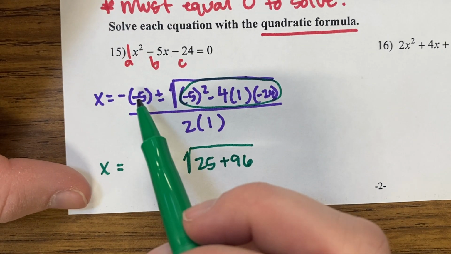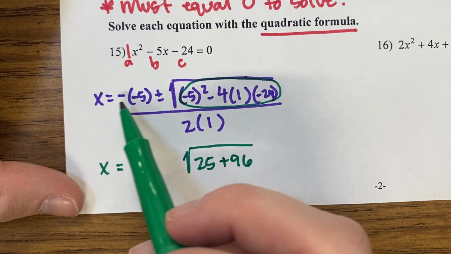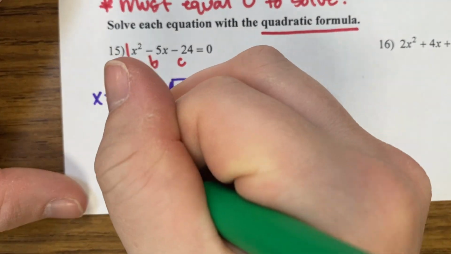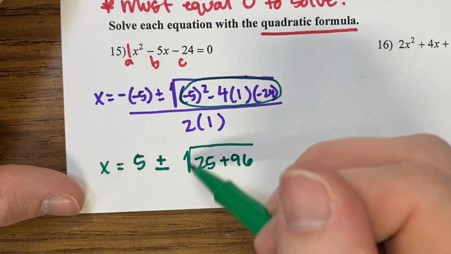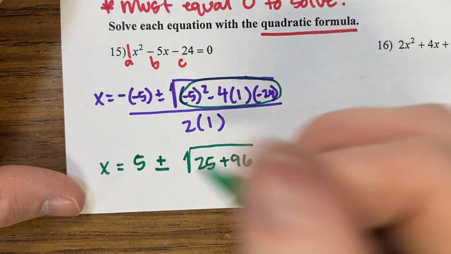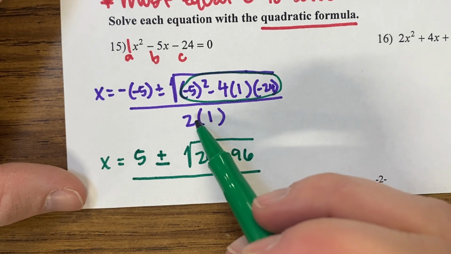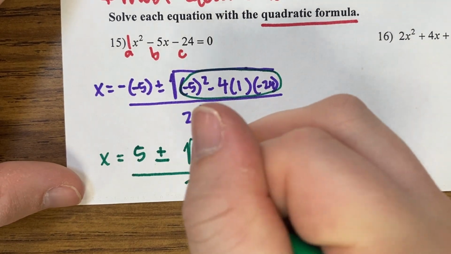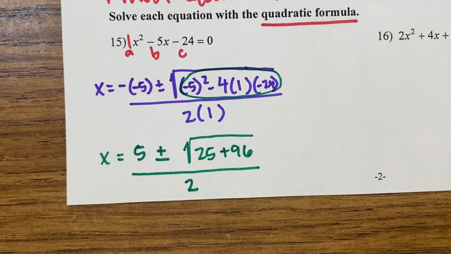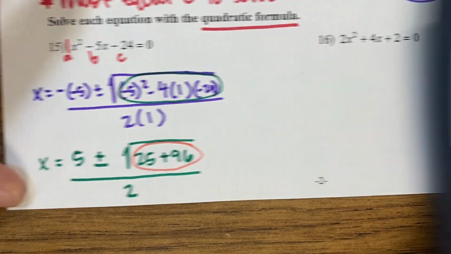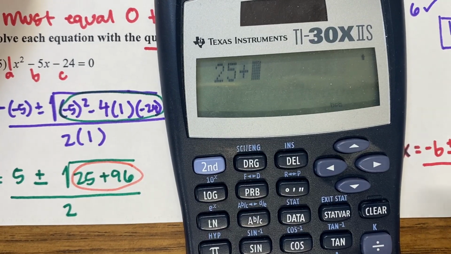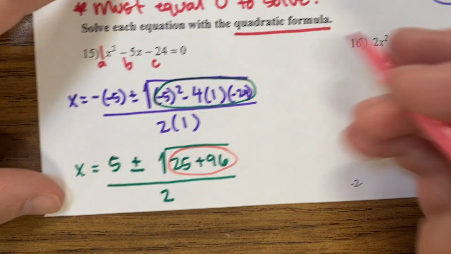Let's look at our front piece. Whenever we have this double negative here, it turns into a positive. So now I have 5 plus or minus the square root of 25 plus 96, all over 2 times 1, which is just 2. Now I need to do some more simplifying. 25 plus 96 gives me 121.